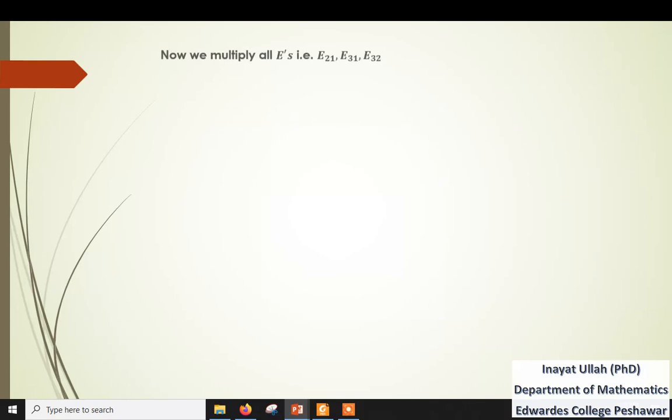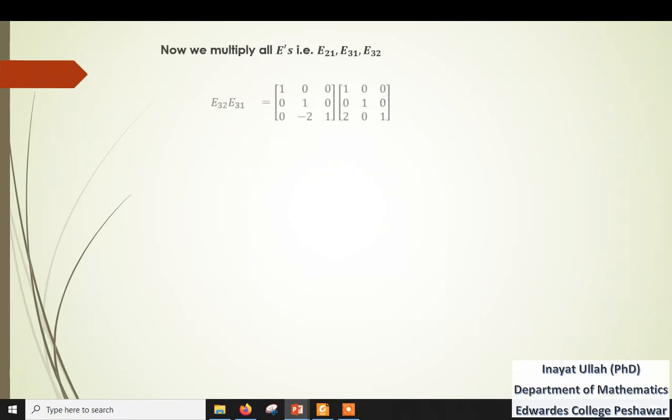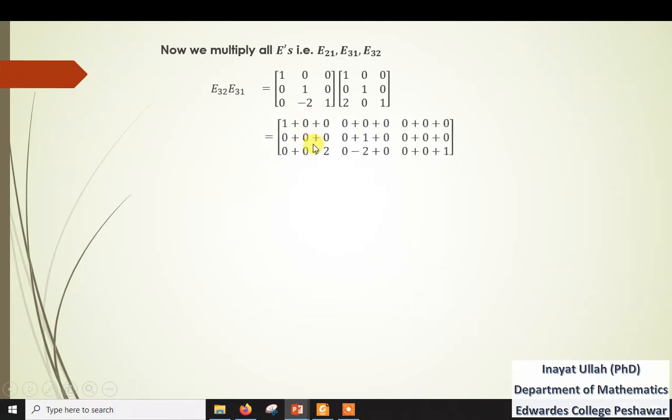We multiply all E's, that is E21, E31, E32. First of all, we need to multiply E32 with E31 in this order, which is given in the question. So that is E32 and that is E31. Multiplying these two matrices, we'll get this matrix, first row, first column and so on. So that is the answer for E32 E31.